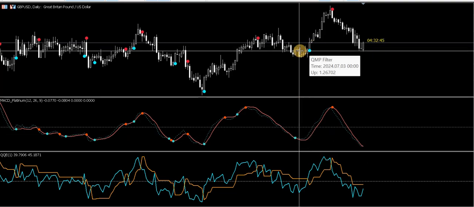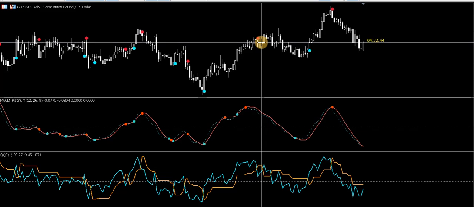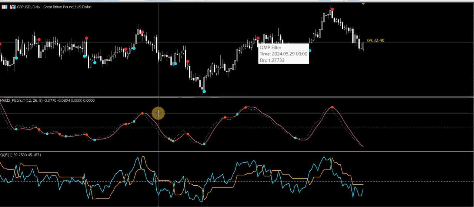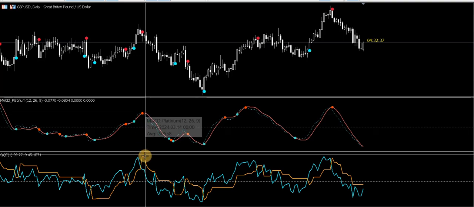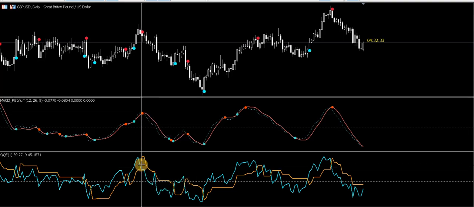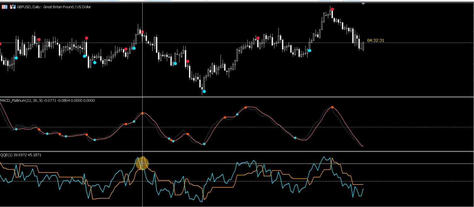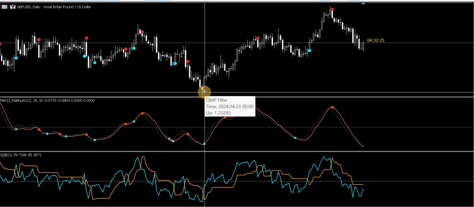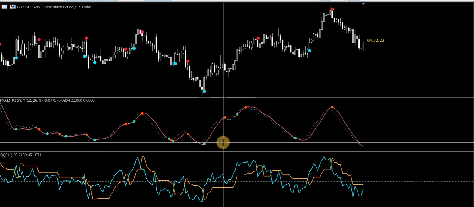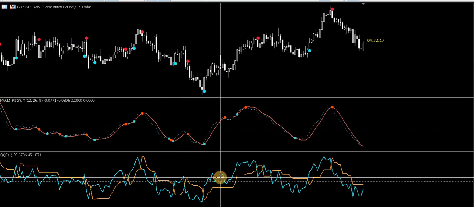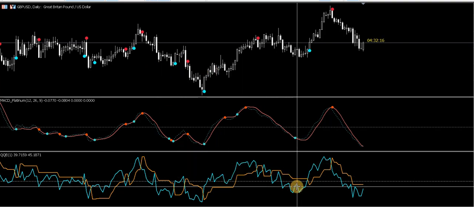So that's where the QMP filter comes about. It presents these dots on the price chart when both the MACD Platinum and the QQE Advanced are in sync. By in sync, I mean they're both crossed and both showing the same signal, either buy or sell. That's all the QMP filter is. So it just makes life a lot easier for me. Now, at the end of the day, I don't need to see the QQE Advanced displayed on my charts.